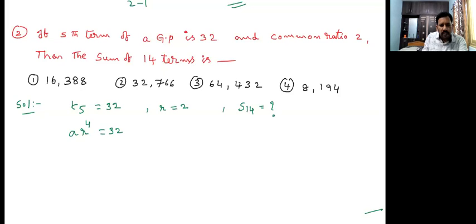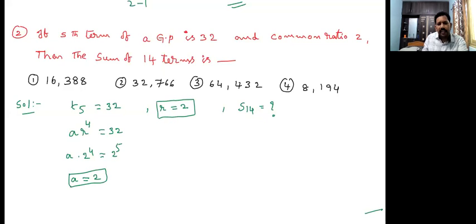So substitute the R value here: A into 2 power 4 is equal to 32, which we can write as 2 power 5. 2 power 4 and 2 power 5, the 4 terms are cancelled, remaining only one term. A value is 2 and R value is already given.